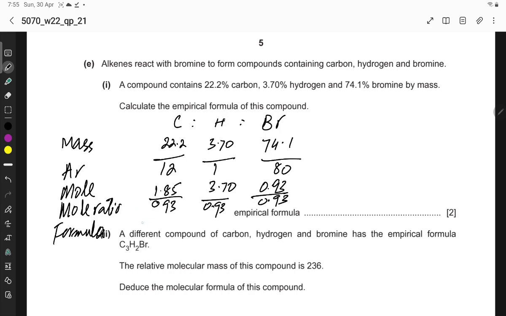So the mole ratio will be 2 to 4 to 1. The empirical formula will be C2H4Br.